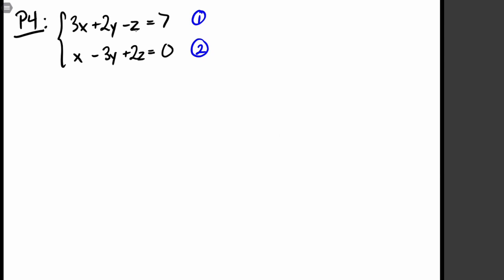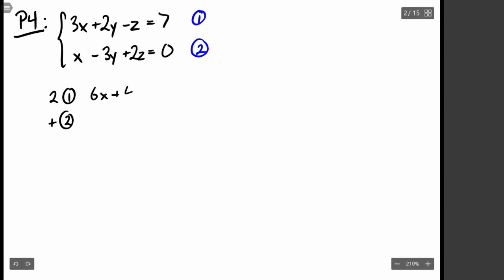So the easiest one here to get rid of would be either x or z. We could get rid of the y's as well, but let's do the z's since they have opposite signs. So here, this is a single negative z. This is 2z. So if we do 2 times equation 1 plus equation 2: 2 times equation 1, that's 6x plus 4y minus 2z equals 7.